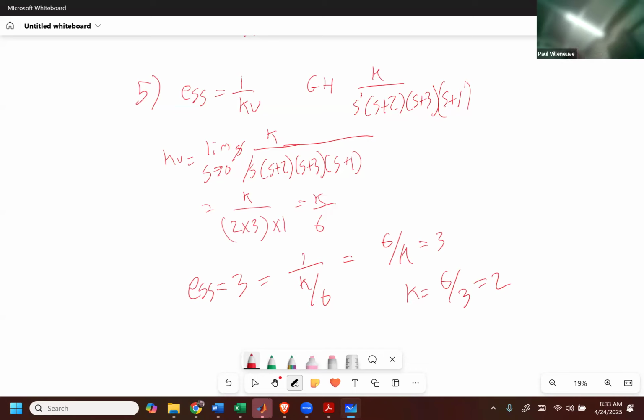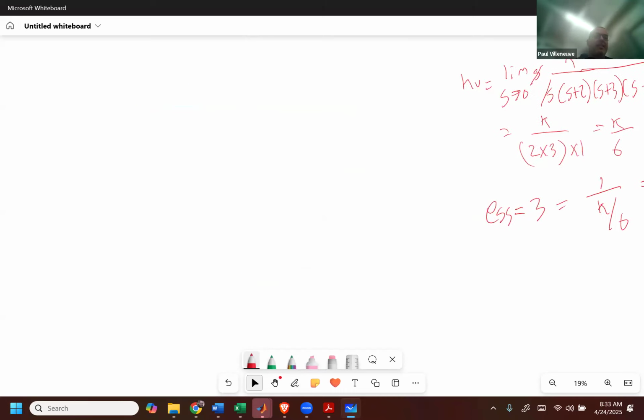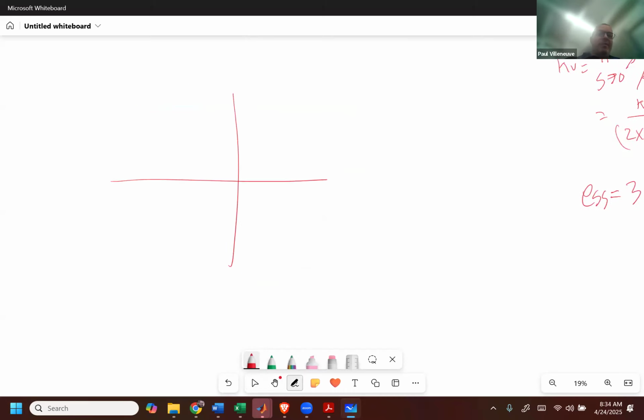Well, I did say one of the problems was being able to calculate some parameters based on steady state performance characteristics. And if you look at the PowerPoints, we did a lot where we had a plot like this, where this was theta, which is the inverse cosine of zeta, and this was omega sub d, and this was equal to omega.